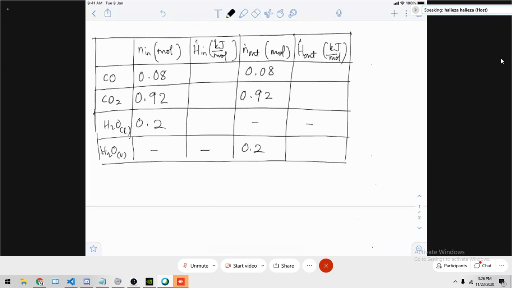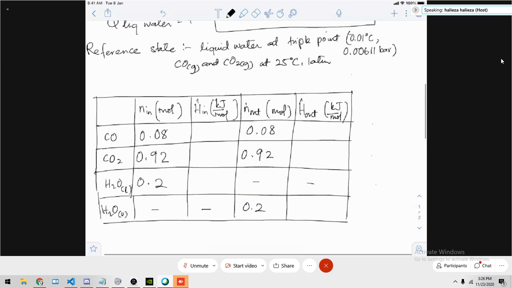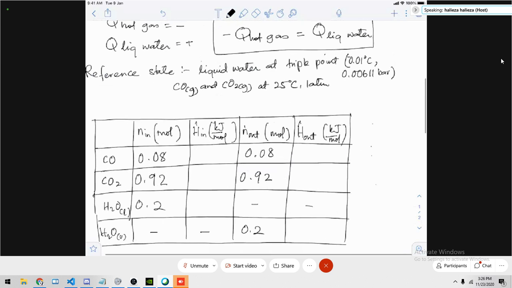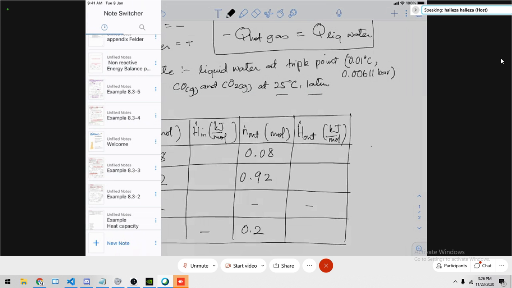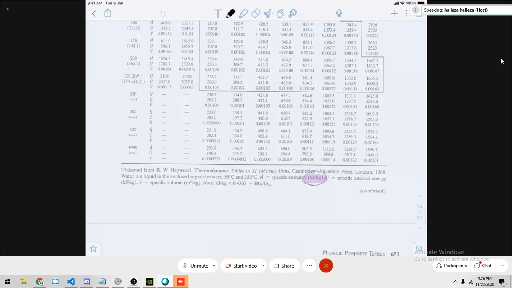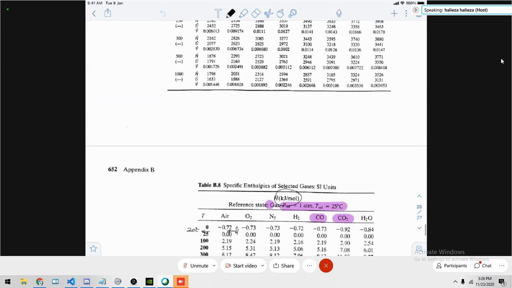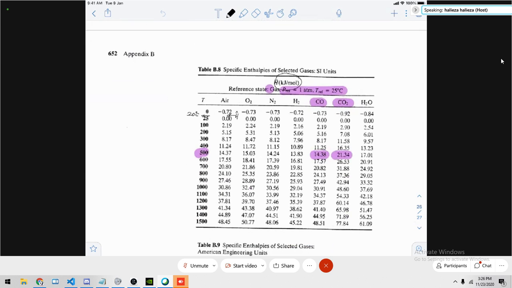Now let's look at our table B8. The reference temperature is 25 degrees C, 1 atm, the same as that of our appendix. We said that at 500 degrees C, this is our enthalpy for carbon monoxide and that's the enthalpy for carbon dioxide.